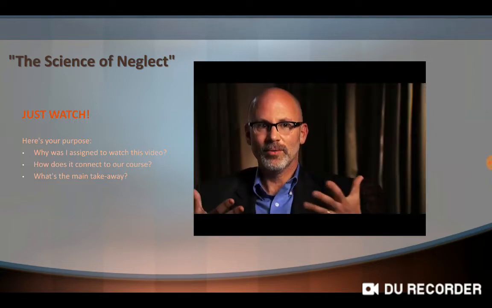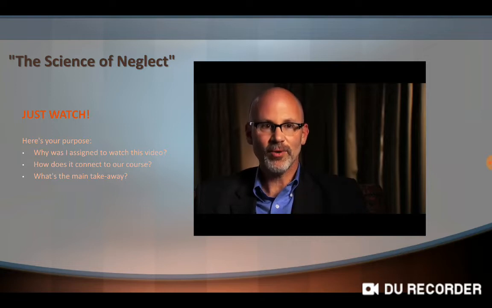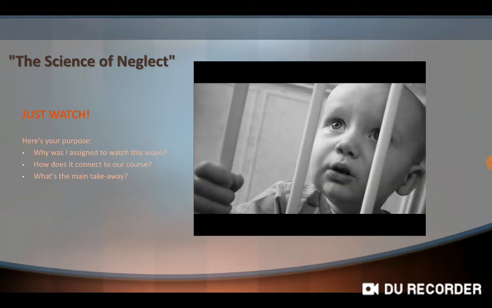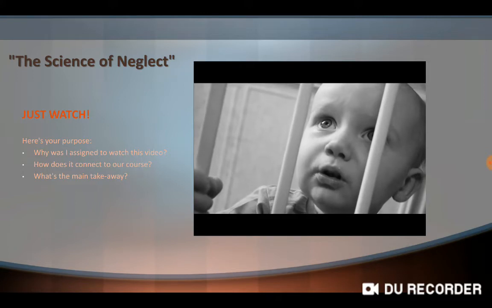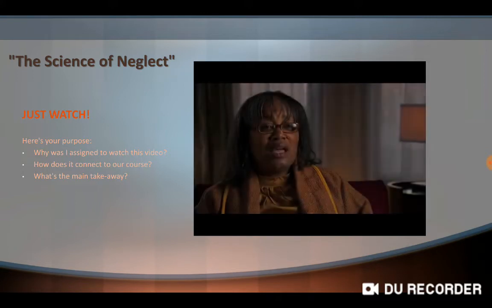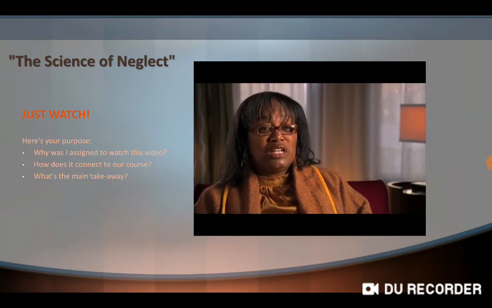If you think about what institutional or residential care would look like for an infant, where there's somebody new coming onto the shift every 8 hours, it really alters the development of the child's brain architecture and other aspects of the child's development.